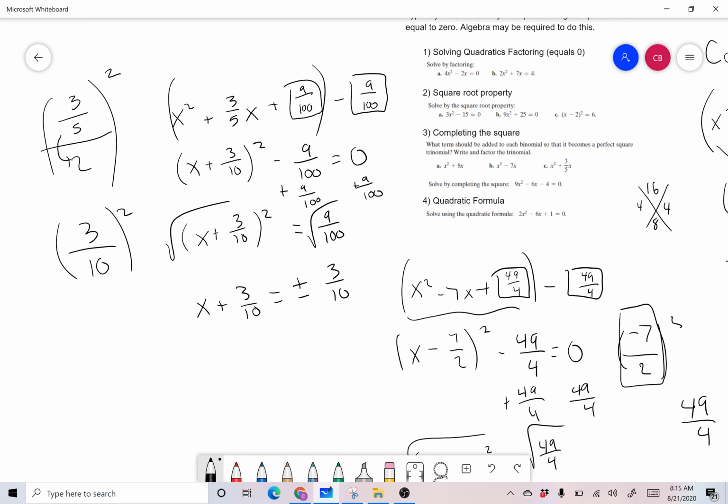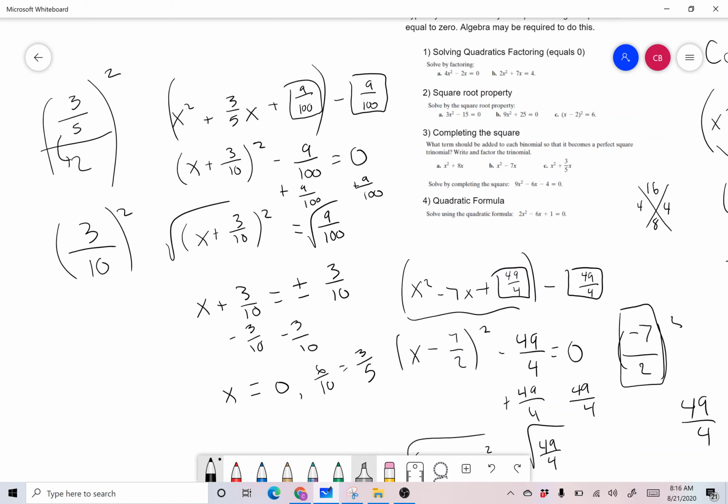And so we get x is equal to minus 3 over 10 minus 3 over 10... x is equal to 0, and 3/10 plus 3/10 is 6/10, which is equal to 3/5. Okay, so that's that one.